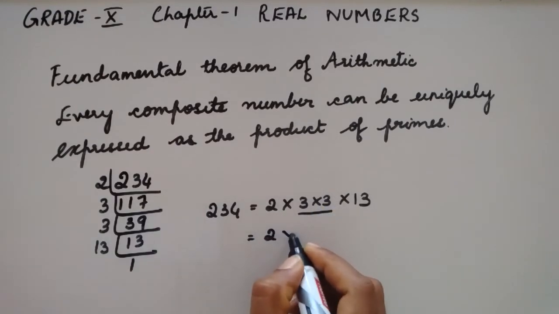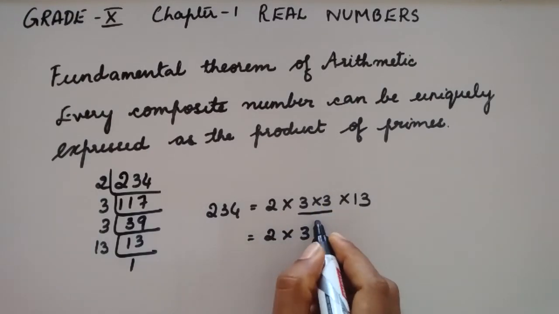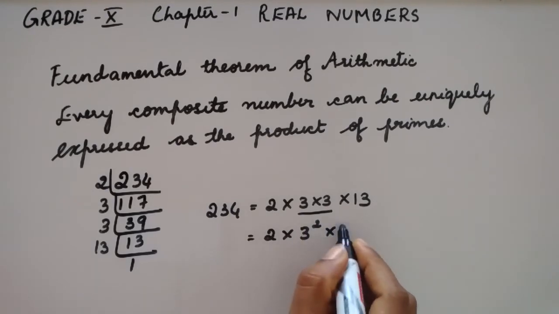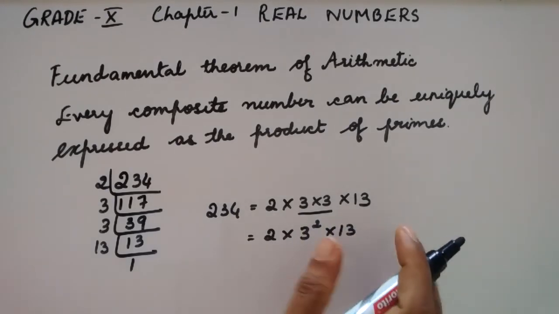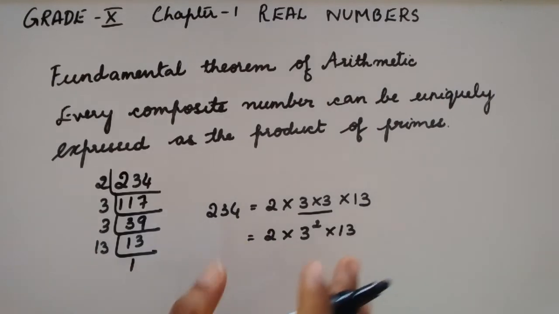So it will be 2 into 3 power 2, or 3 square, into 13. So this is the standard way of writing the prime products in ascending order, and if there is any repeated prime factor, we need to write it in terms of powers. Is this clear, students?